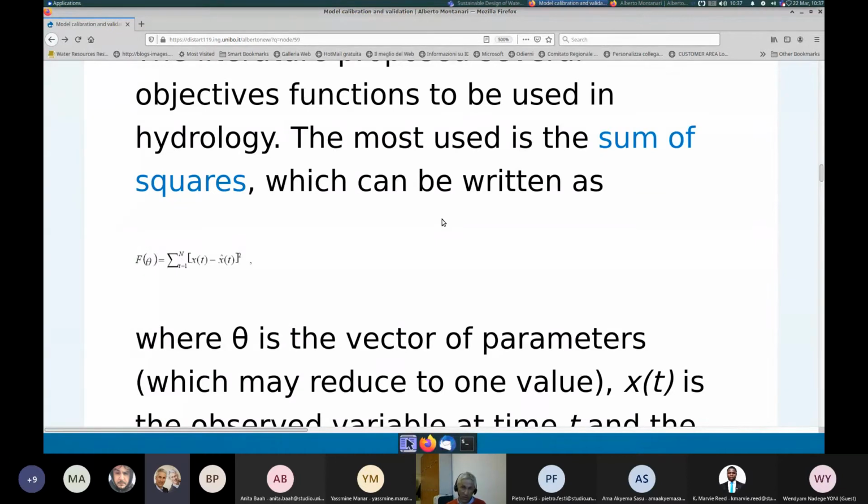And this is why I don't want to discuss with you about these procedures, because you can rely on them. Of course, you may say, yes, but at the beginning of the course, you told us that we shouldn't rely blindly on software. In fact, this is not what I'm saying. You may apply blindly an automatic calibration procedure. In R, you have many of them.